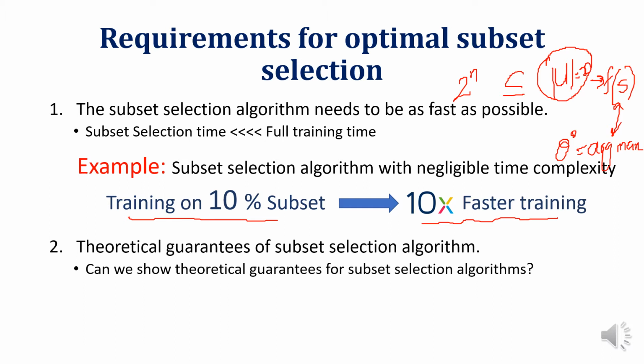And hence, even if training on a 10% subset giving you 10x faster training is a lucrative proposal, we want to make sure that the subset selection has negligible time complexity, because ultimately it's going to have some wrapper involving the parameter estimation. Also, it's interesting to see if there are theoretical guarantees of subset selection algorithms in the context of machine learning, where we have parameter theta stars to be estimated as well.